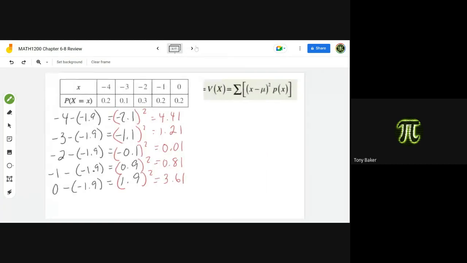And then you take that mean away from all your X values. Then you square all those answers. So we've now done that part right there. The next step, we have to multiply by the percentage. So we're going to multiply that by 0.2, that by 0.1.